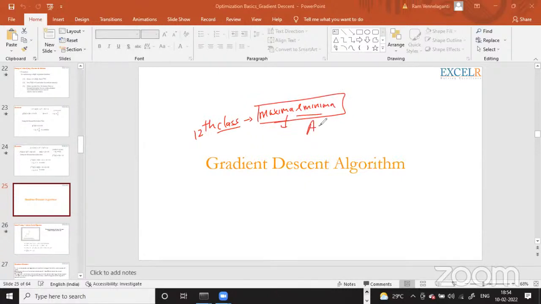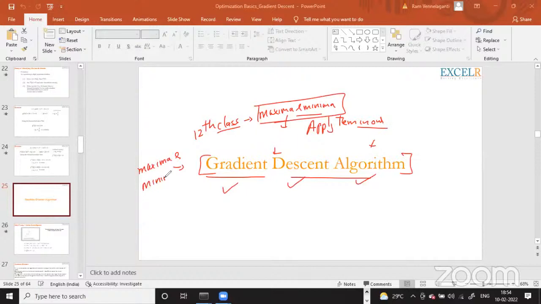Because we are going to apply them in our stochastic gradient descent algorithm. Or for now, I'm supposed to say only gradient descent algorithm. Later on, I'm going to use that word. For now, focus on gradient descent algorithm first. So this is where we are going to use the concept of maxima and minima for us.